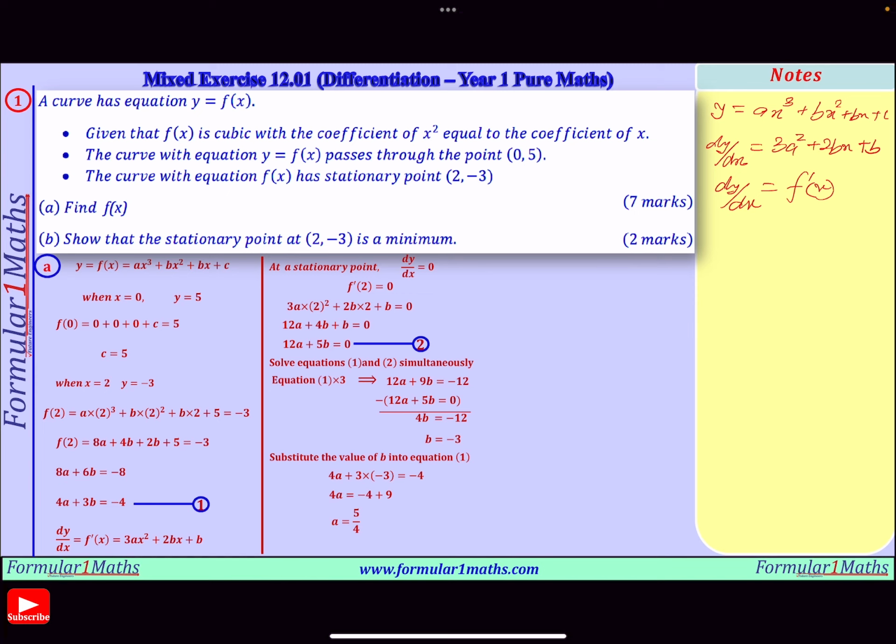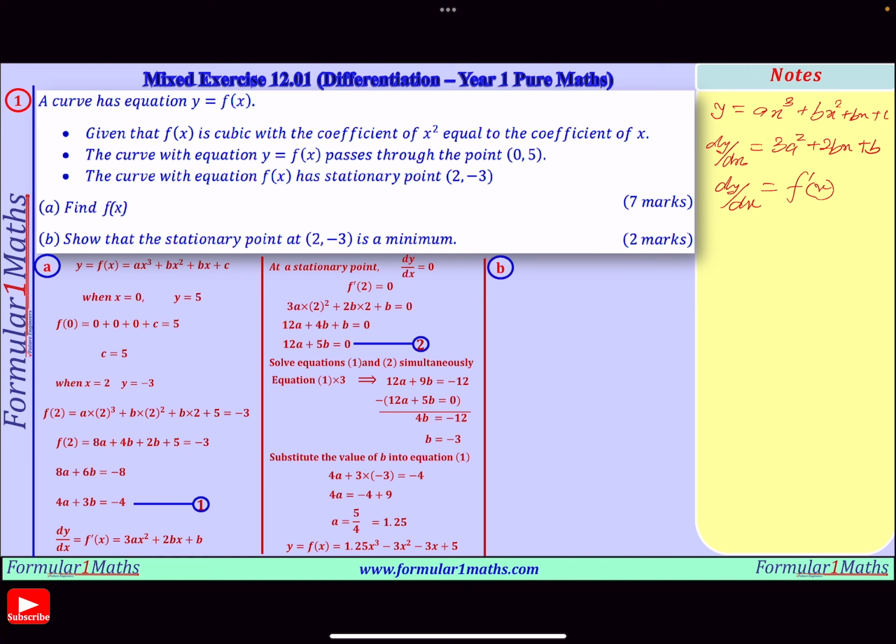So we've got all the values now: a, b, and c. All we do now is rewrite this equation with the values we found, and we get y equals f of x equals 1.25x cubed minus 3x squared minus 3x plus 5. And that is the function required for A.